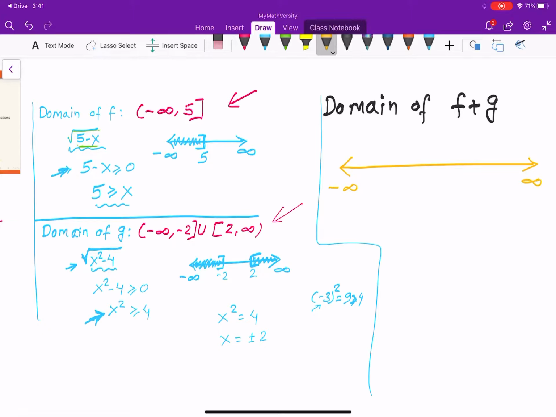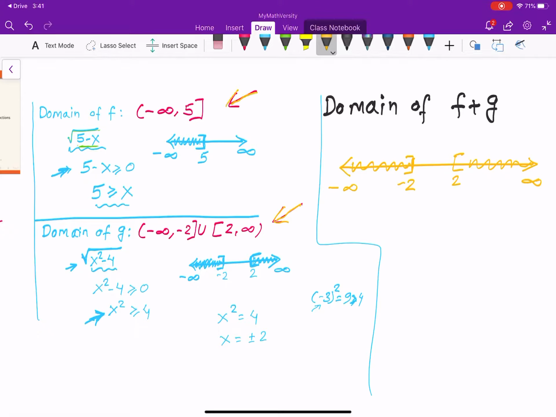If you look into the domain of g, you can clearly see that the domain of g is the set of all real numbers which are less than or equal to negative 2. So if negative 2 is over here, this is the domain of g, right? And then from 2 to infinity, this is the domain of g, right? So that's what we have. But you can look into f.